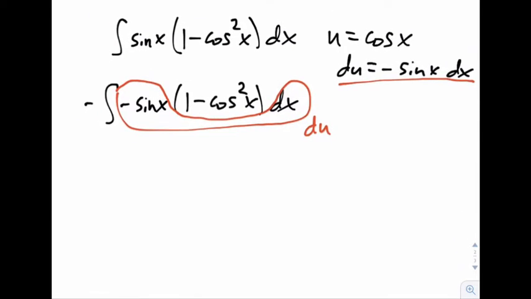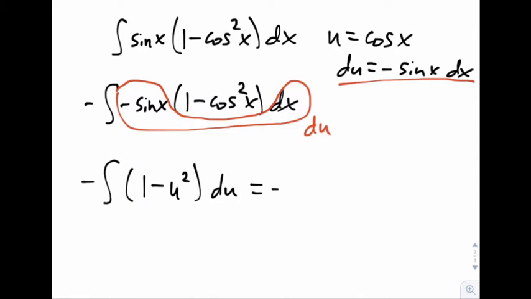So now I write this as minus the integral of 1 minus, and remember u was cosine, so cosine squared would be u squared, du. Now I just have the power rule to deal with.